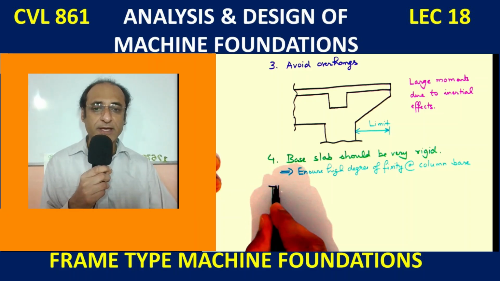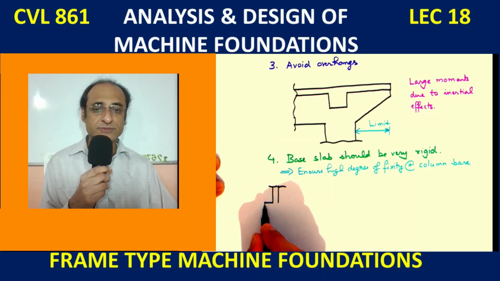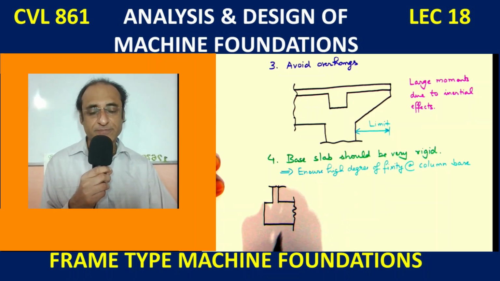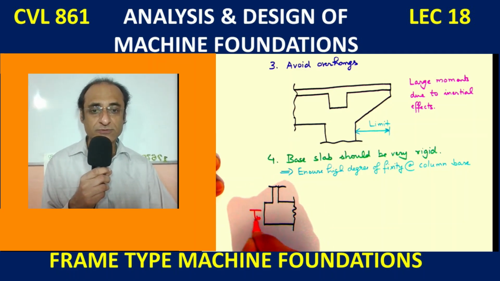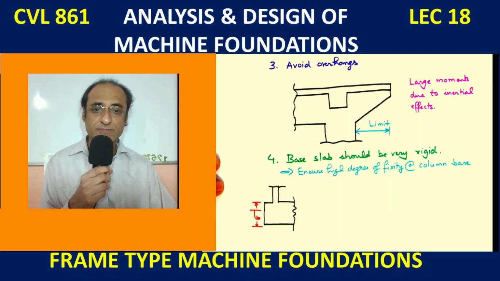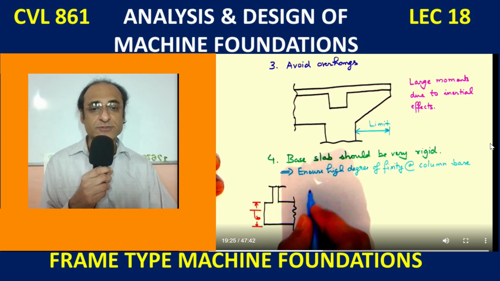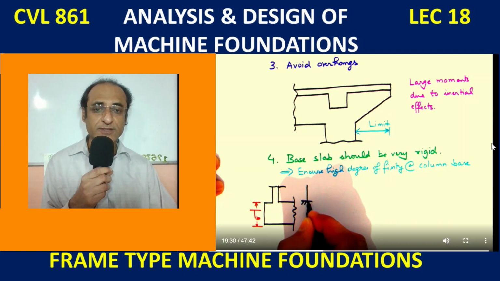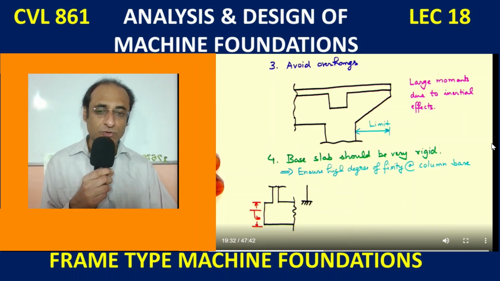Typically, compared to the base raft, the columns might appear to be very slender, and if you visit any plant, you may not be able to see the base also, because the base is underground. We denote the thickness of the base slab by TB. There are some guidelines as per IS 2974, and also some guidelines from the normal suggestions in books.